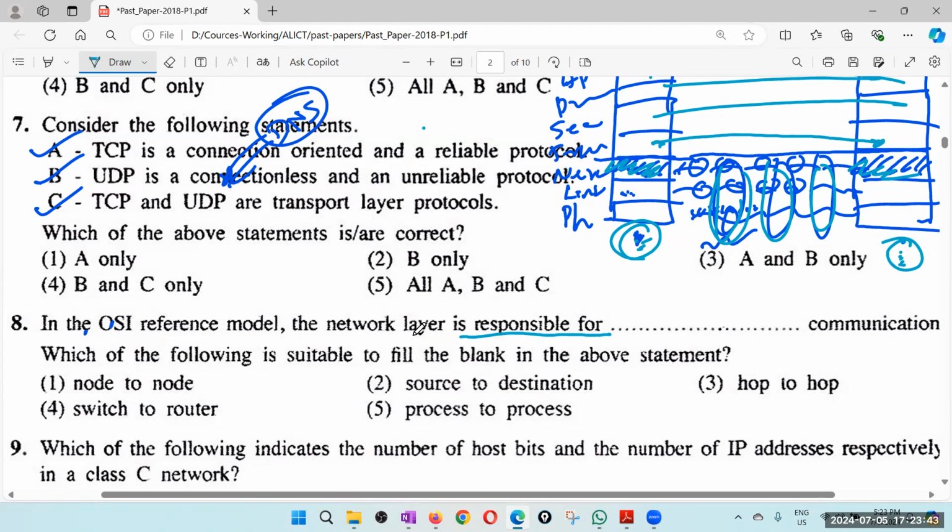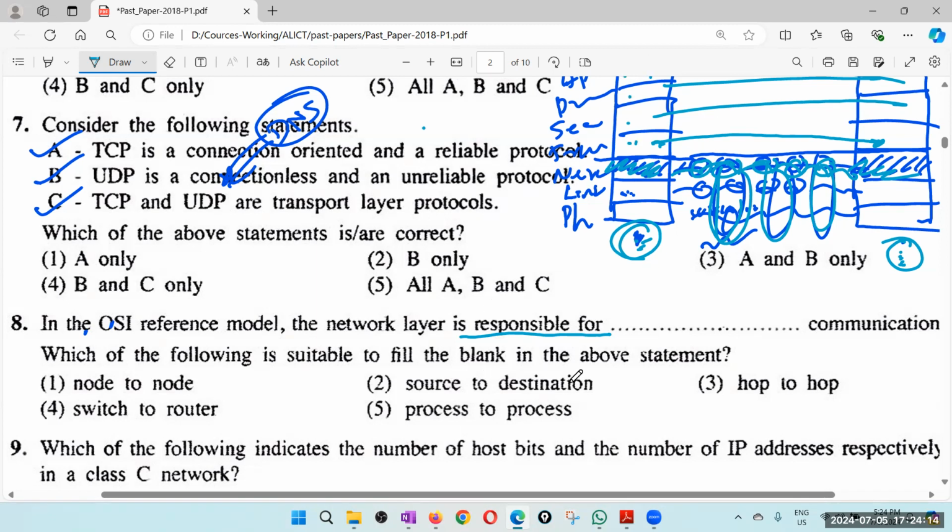Remember, they talk about the network layer. At the network layer, every intermediate node is interested in the network layer concept. For example, a data packet goes from here to here, here to here, here to here. So it is not source to destination; source to destination is basically these layers: transport, session, presentation, and application.